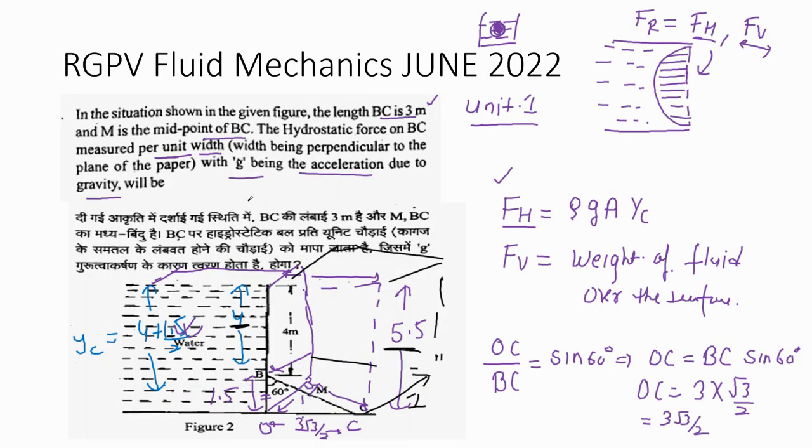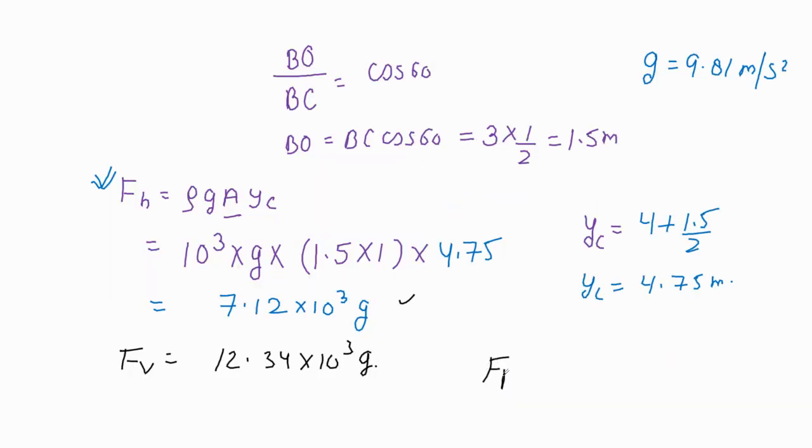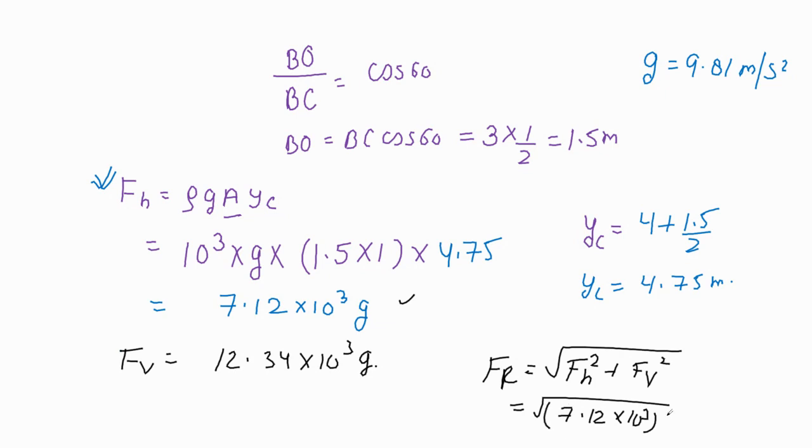Now what is the resultant force? They have asked for the complete resultant force. So resultant force is equal to under root Fh square plus Fv square. Fh is 7.12 into 10 cube whole square. Here g is also present, but when we square g here and here, we can take g common and write it outside. Plus 12.34 into 10 cube whole square.